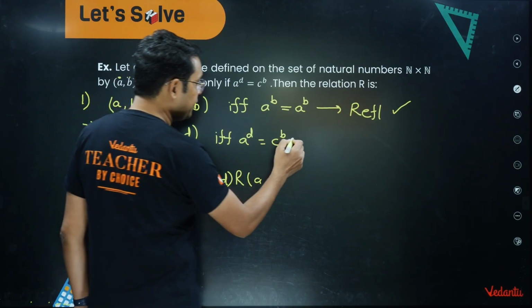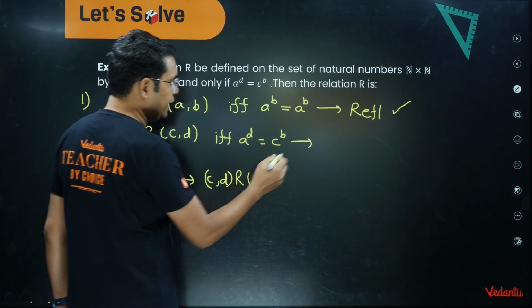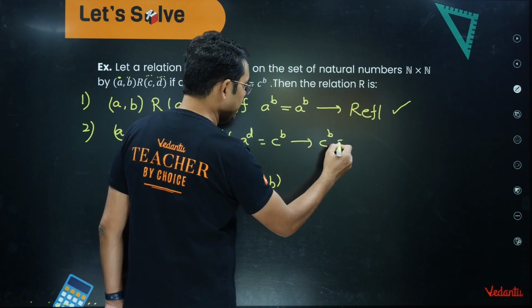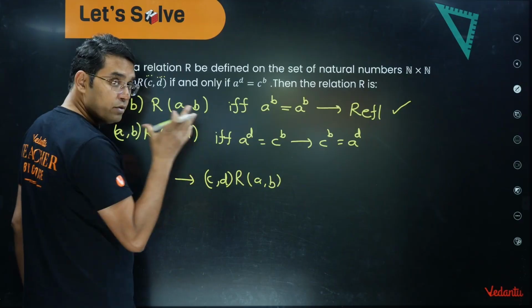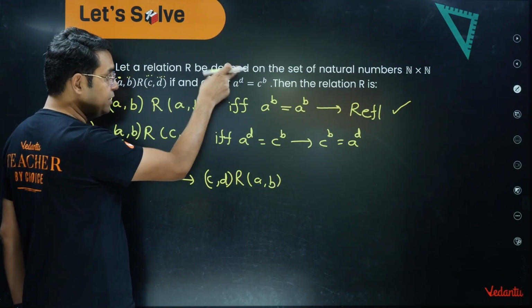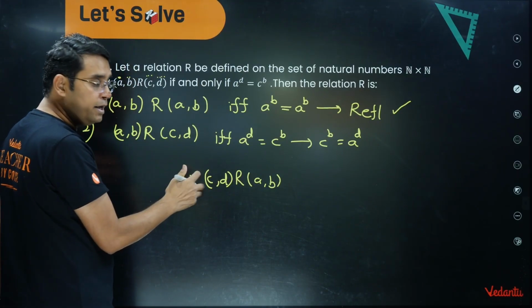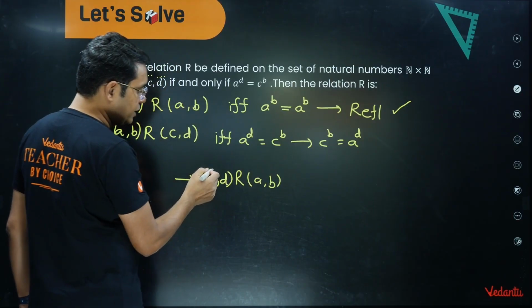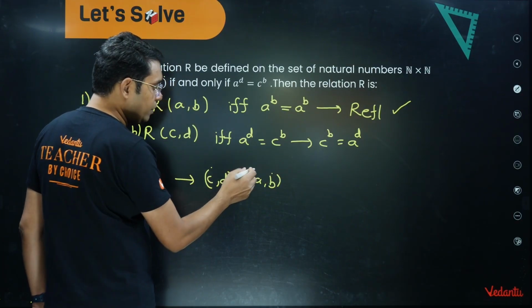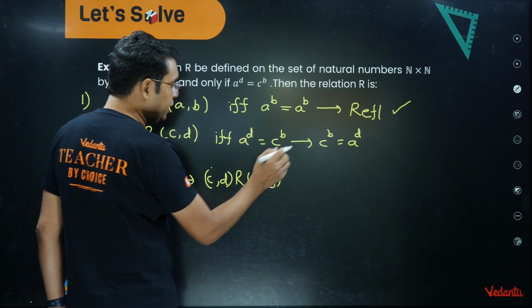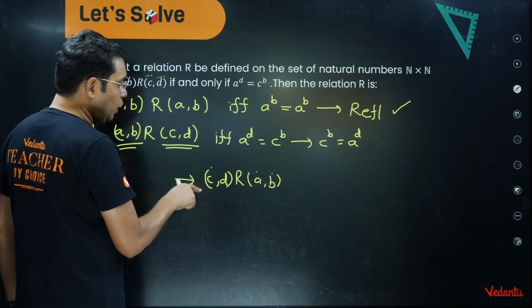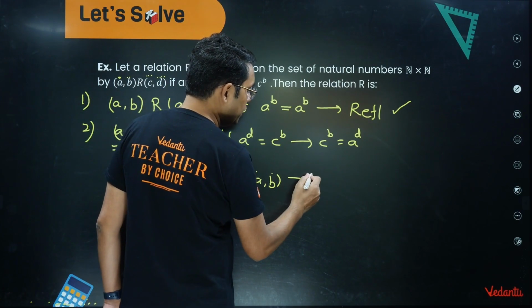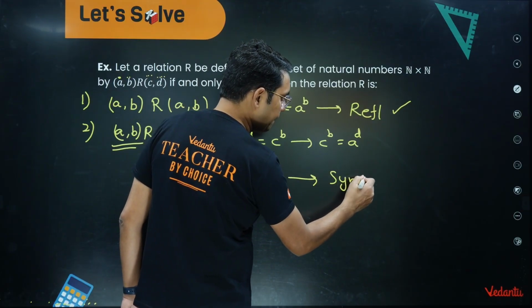Now I can rearrange this given condition as c raised to the power b is equal to a raised to the power d, which is actually the condition given in the question for (c, d) related to (a, b), because this c raised to the power b will be a raised to the power d. So here you can see if (a, b) is related to (c, d), then (c, d) is also related to (a, b), so we can say this will be symmetric.